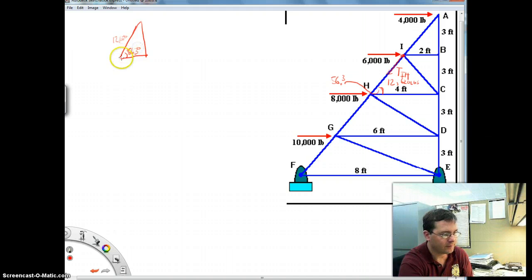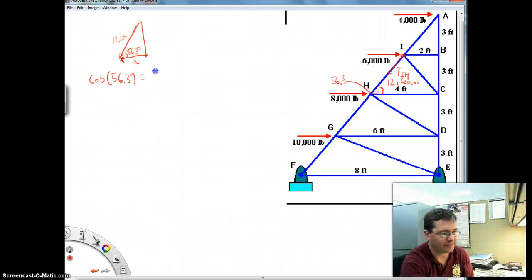And I want to know, if the tension is pulling in this direction, what the leftward force is. So I'm going to call this the adjacent side. I need to relate the adjacent side, the hypotenuse, and the angle. And again, the function we're going to use for that is cosine. So I say cosine 56.3 degrees equals what?